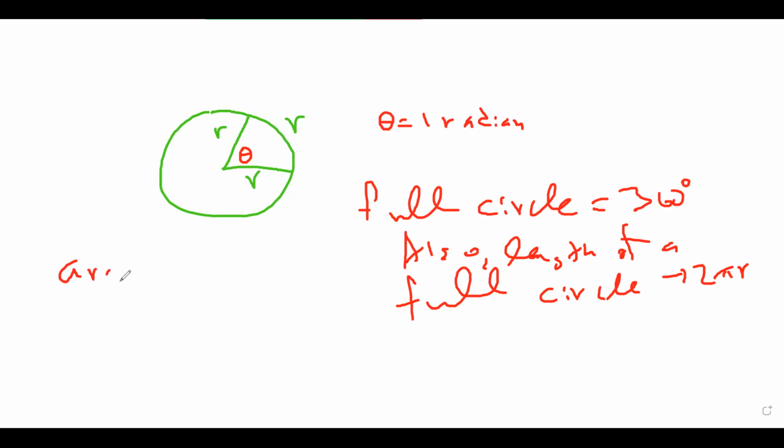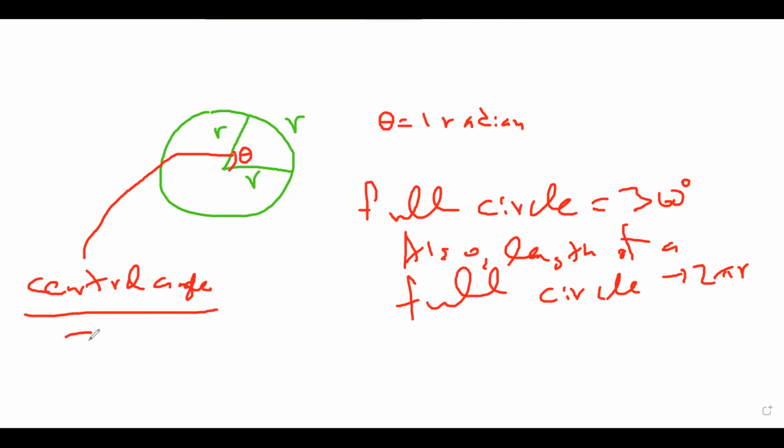The central angle, which is theta, divided by 360 degrees, wouldn't that equal the arc length divided by the circumference? Do you guys agree with that statement?